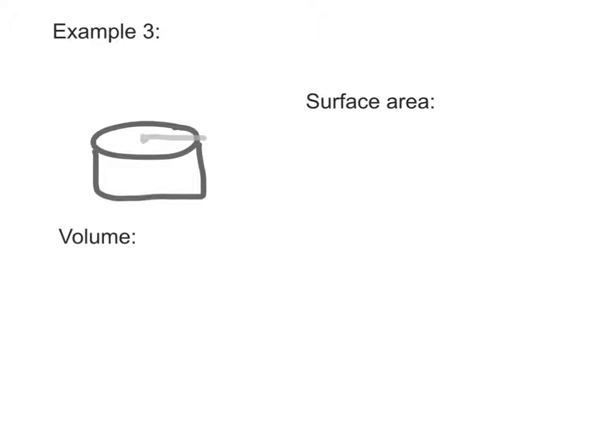Example 3, we have another cylinder with a radius of 3 and a height of 7. Let's go ahead and pull in our formula now. We get surface area is equal to 2 pi r squared plus 2 pi rh.